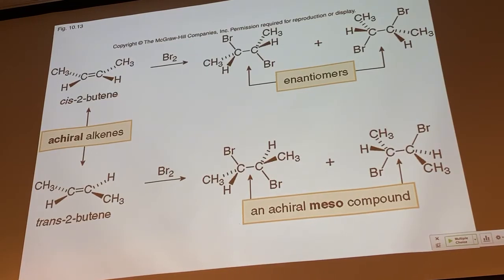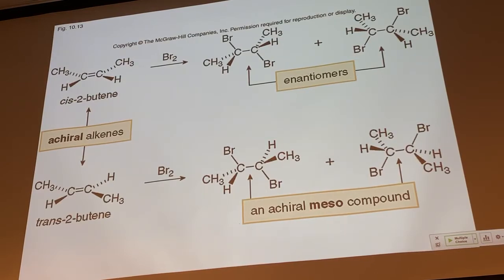How can we tell that it's a meso compound? There are two ways to do so. One is if we rotate 180 degrees about this carbon-carbon sigma bond, now our bromines are going to be eclipsing each other, and what we find is that this hydrogen will come forward and mirror that hydrogen. The methyl group will end up back and mirror that methyl group.